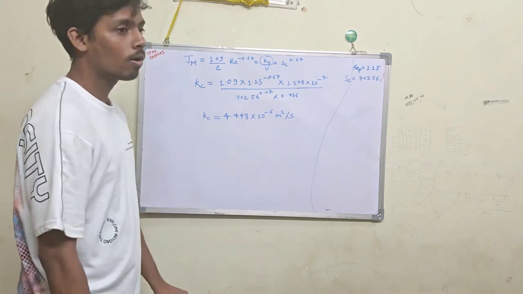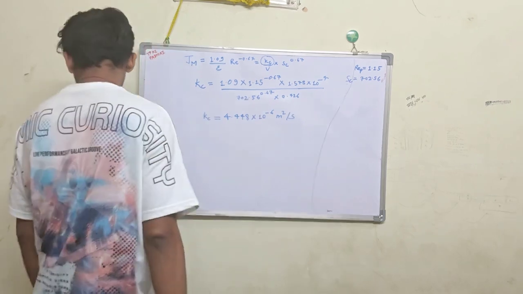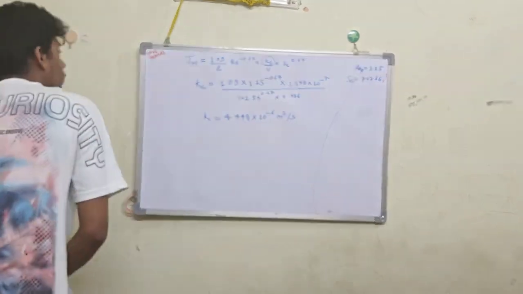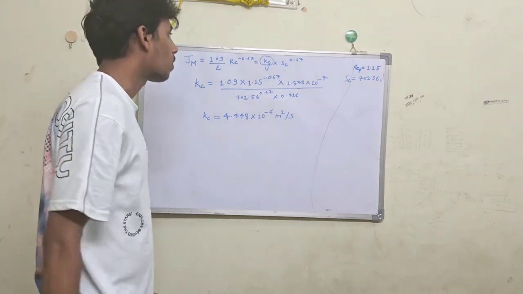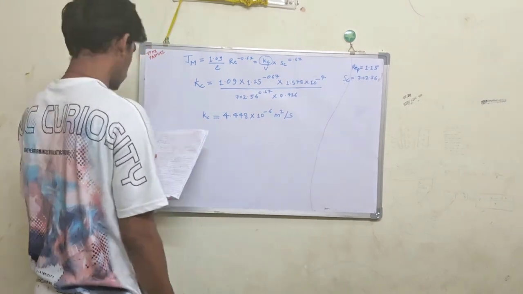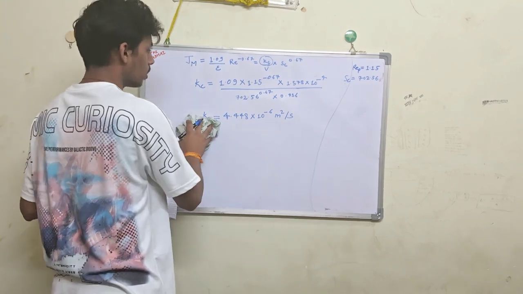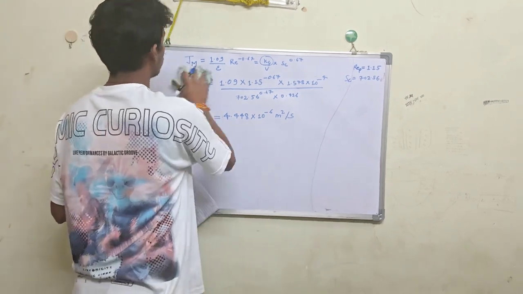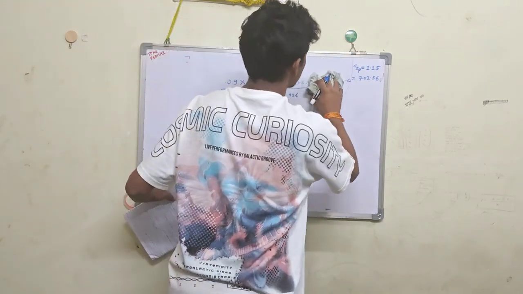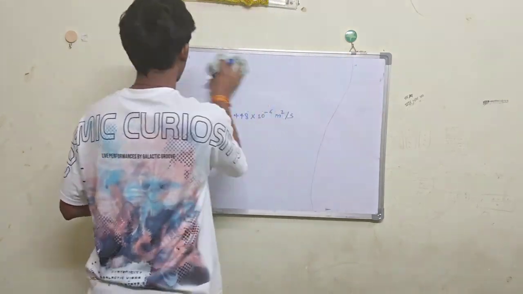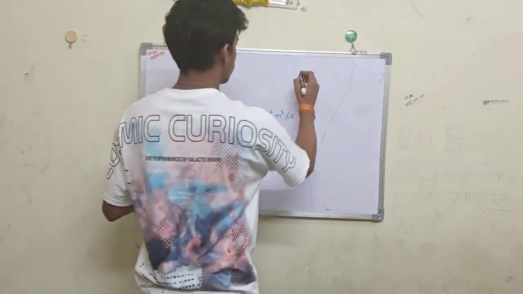So let's move to our second part of the question, which was concentration at the exit of the tower. This Kc value will be useful for us, so write it at one of the corners.